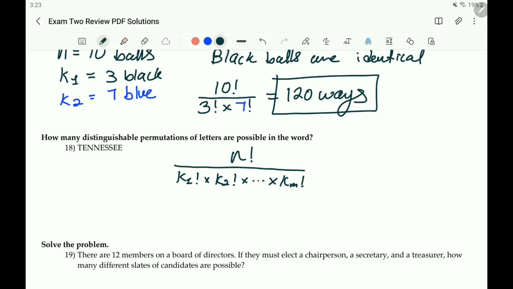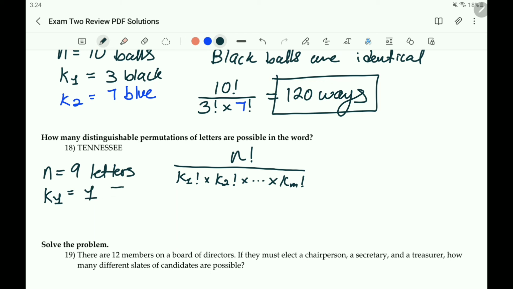How many letters are in the word Tennessee? 1, 2, 3, 4, 5, 6, 7, 8, 9. N equals 9 letters. The reason why we're using the distinguishable permutation is because the letters that repeat are considered identical. Now, K1 is going to be how many T's are in the word Tennessee.